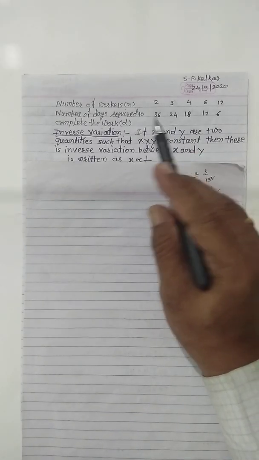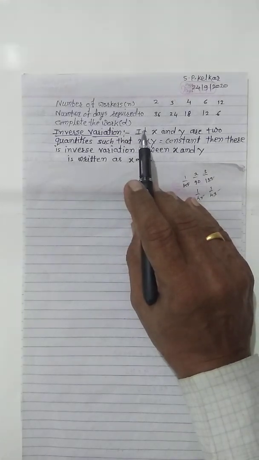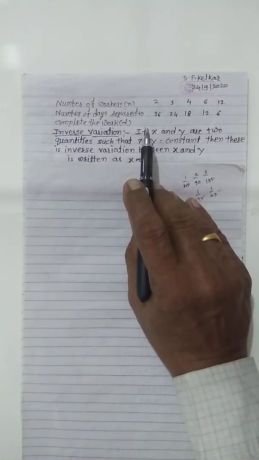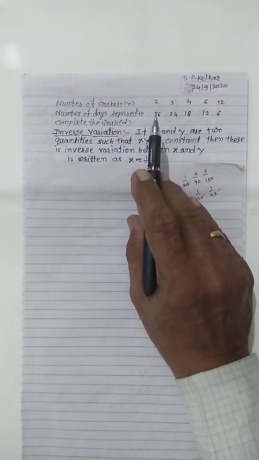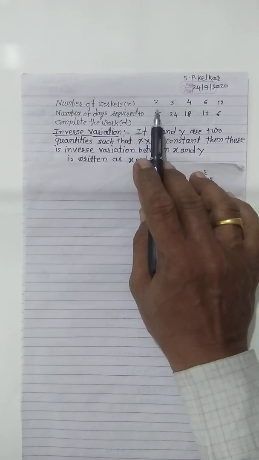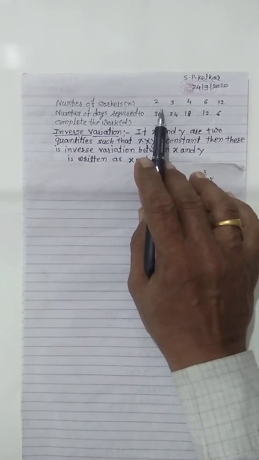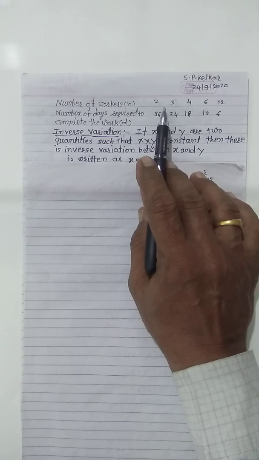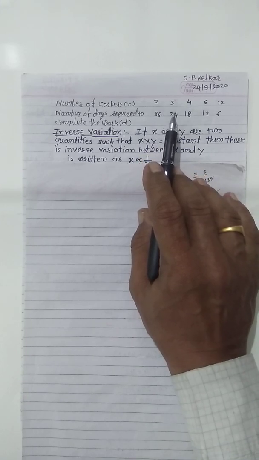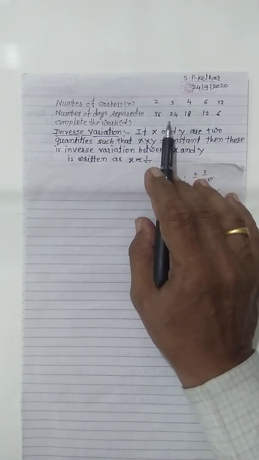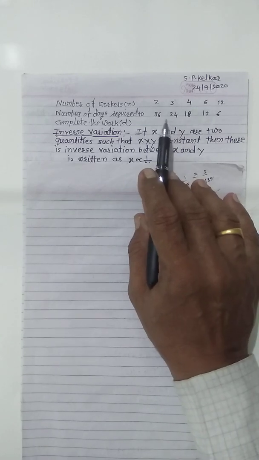Now, in this table, we observe that as the number of workers increases, the number of days required to complete a work decreases.